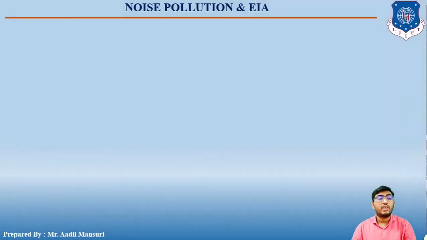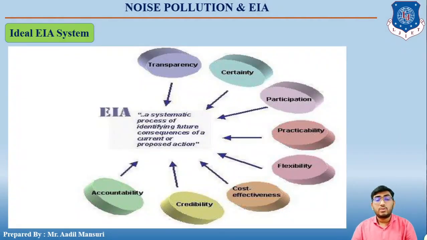Okay. So next is the ideal EIA system. This applies to all projects that have significant environmental effects, and an ideal EIA system compares alternatives of proposed effect management techniques and mitigation measures.